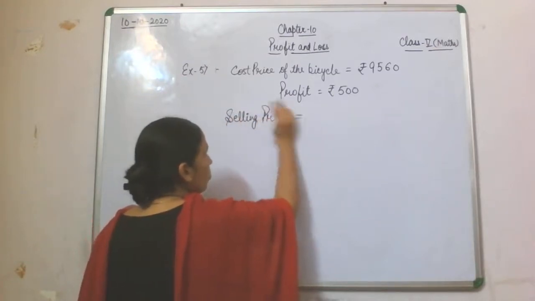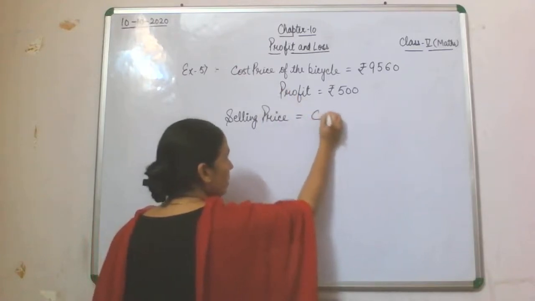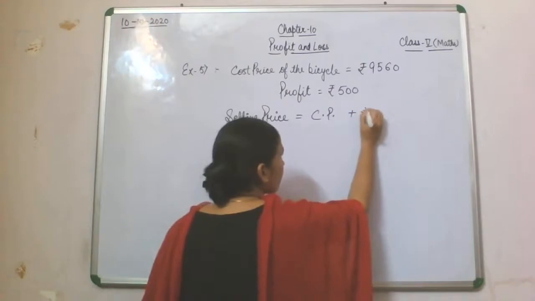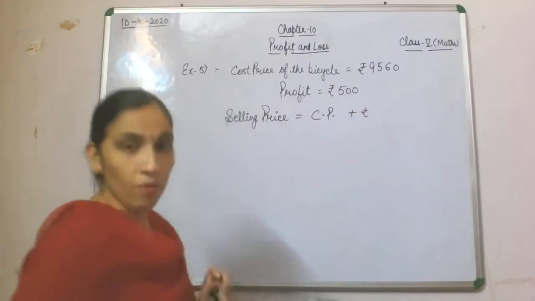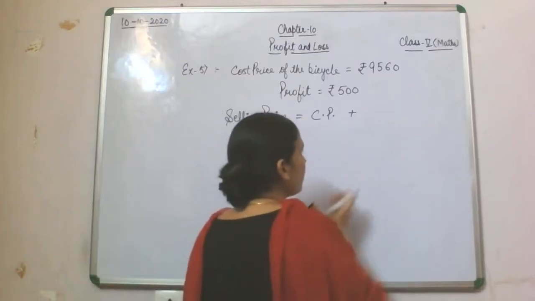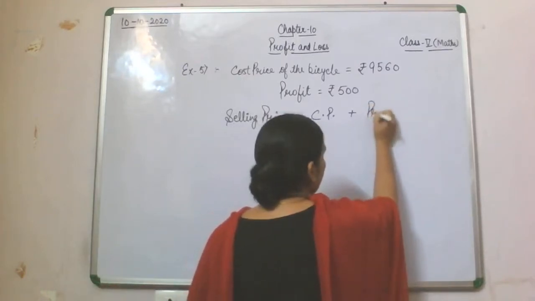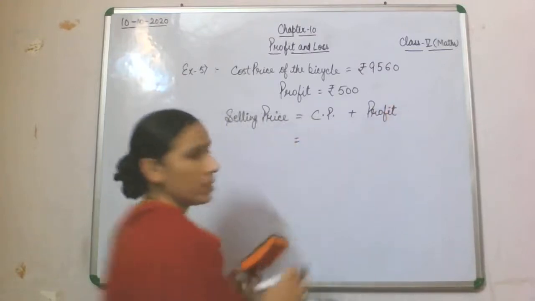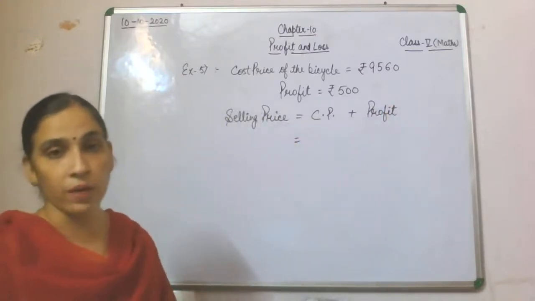So what we will do is, in the cost price we are going to add this profit. If that person sells the bicycle at that amount, he will get that particular profit of rupees 500.